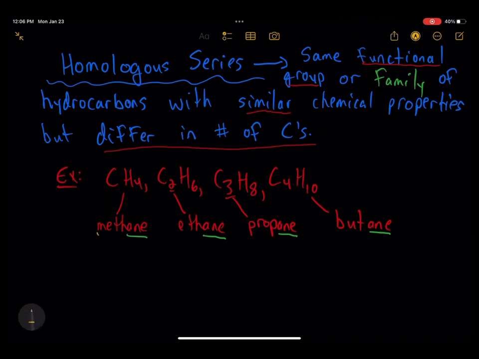And because that's the case, we can say that these are a homologous series. So methane, ethane, propane, and butane, because they're all alkanes, belong to a homologous series.